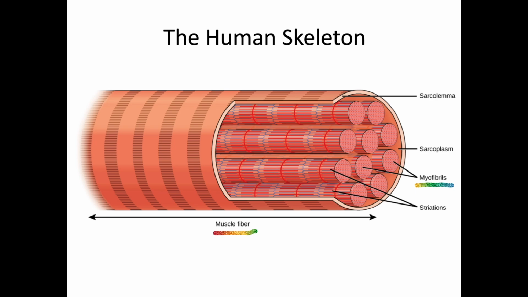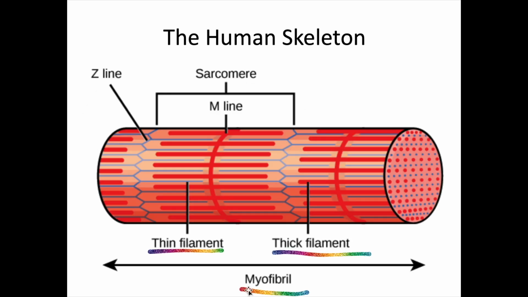If we zoom in on a single myofibril, we will see there are two types of filaments in this fibril. There are thin filaments here in blue and thick filaments here in red. If we zoom in even further, we'll see what these filaments are made of.